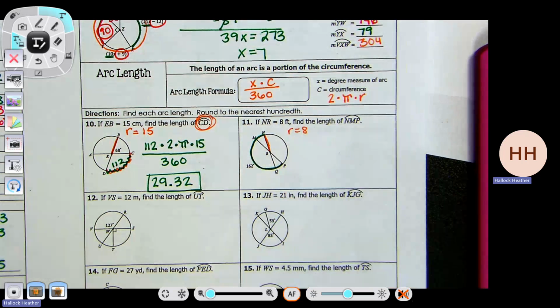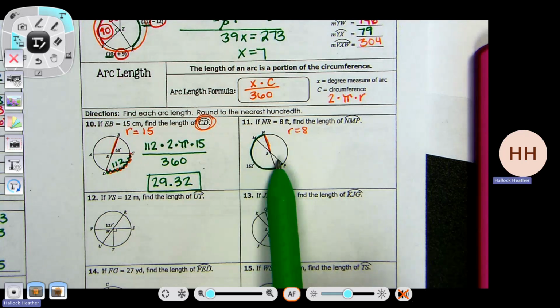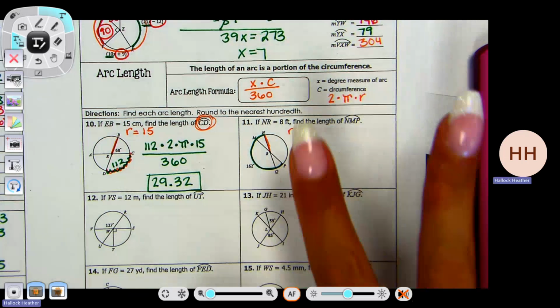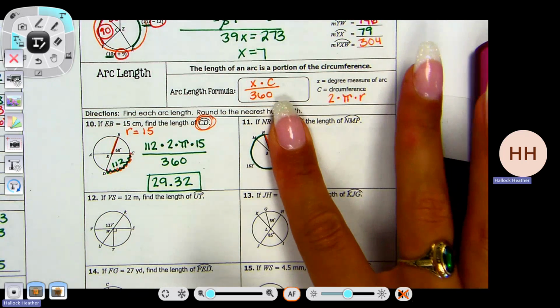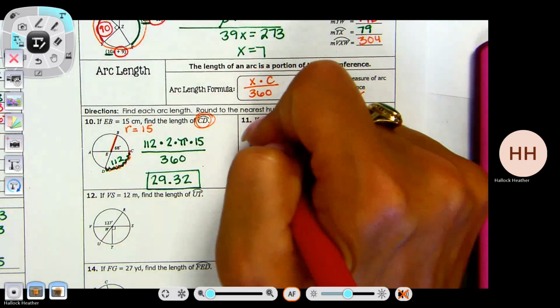First thing I need to do is find that arc angle measure. So if this is 162, how can I find these skinny pieces? Good. So if I subtract from 180, how much is that small piece of pie? 18. So this is 18. This is 18.